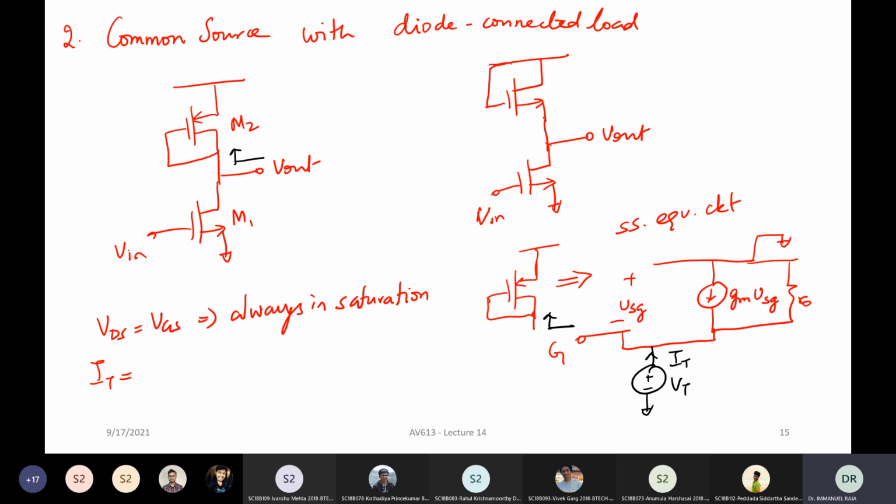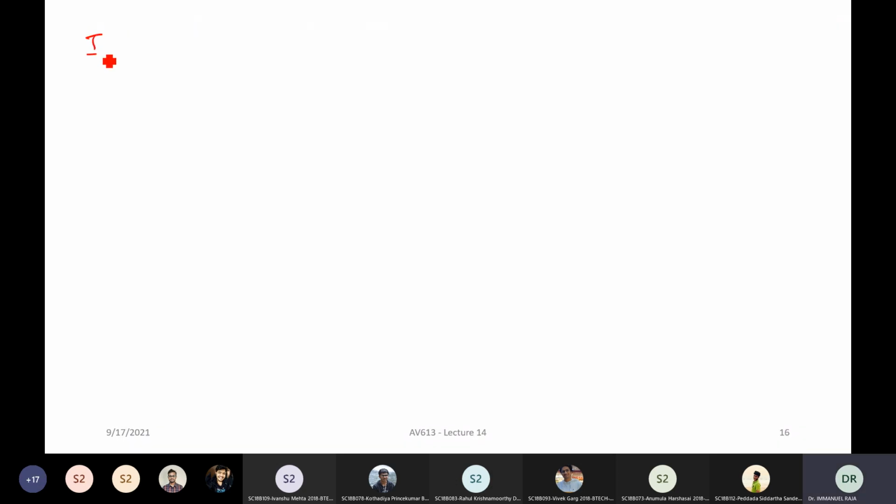IT can be written as minus gm times VSG, plus VT divided by r0, right? Now, what is your VSG? It is 0 minus VT. So now IT becomes plus gm times VT plus VT by r0.